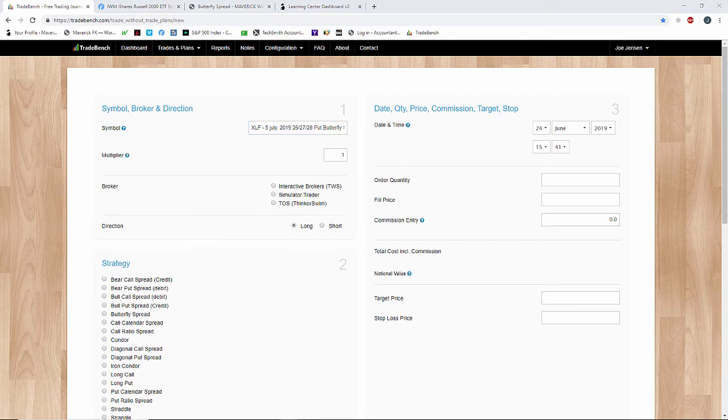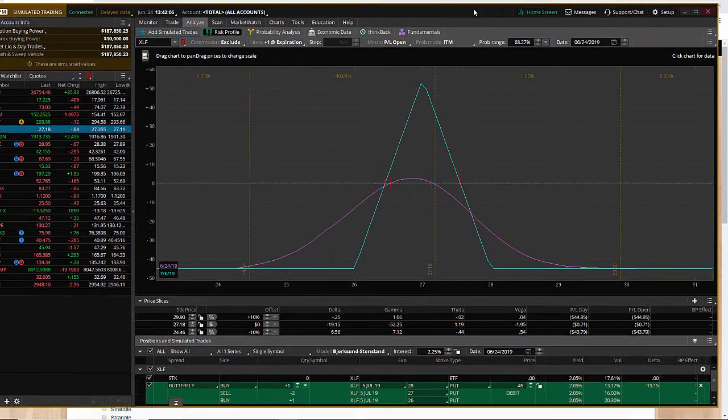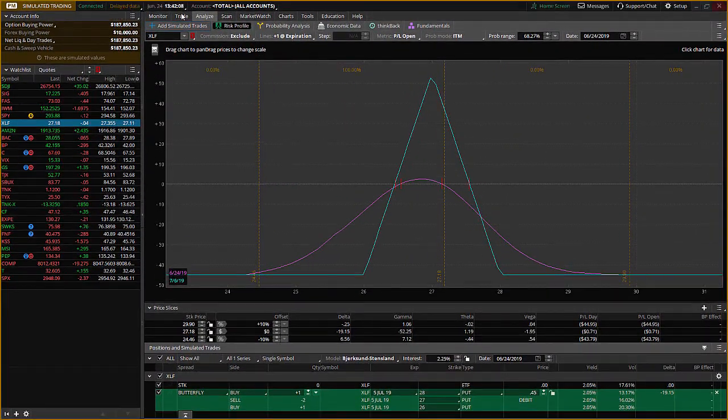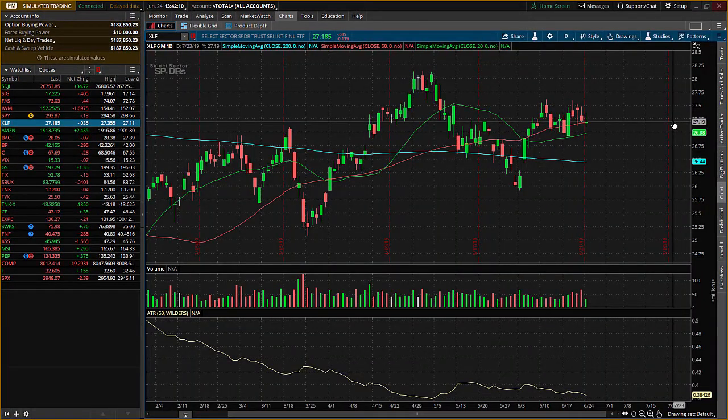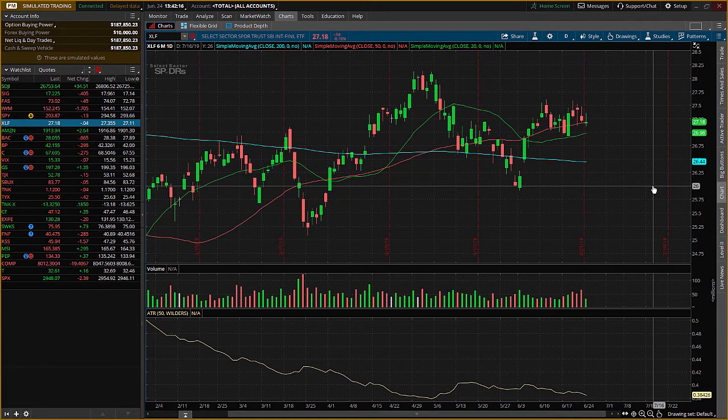Now that I've brought that up, let me show you real quick. This is a side note. You guys are welcome. The reason why I did the put butterfly spread is because of $27. The stock is currently at $27.18, so the $27 put is slightly out of the money. I do this because I would rather avoid early exercise, having to worry about something that's in the money.